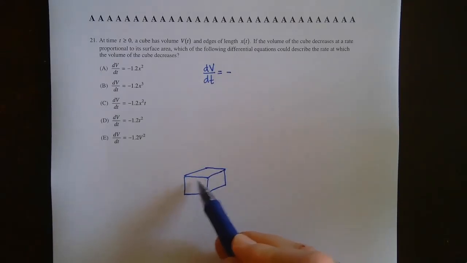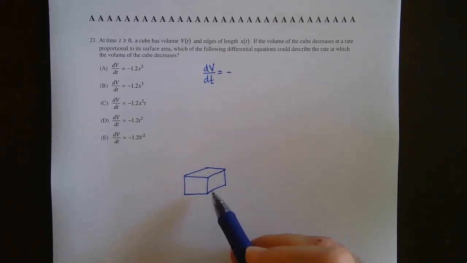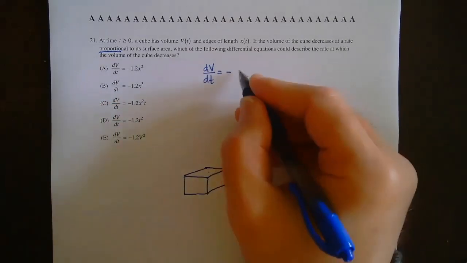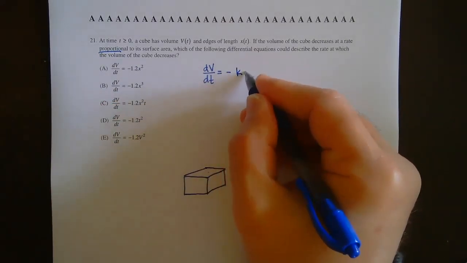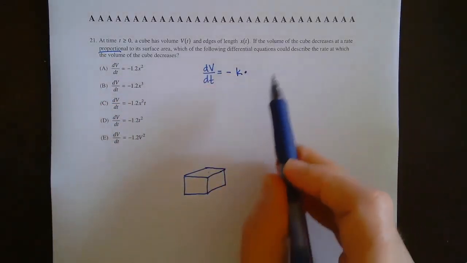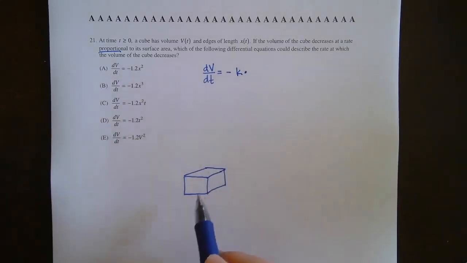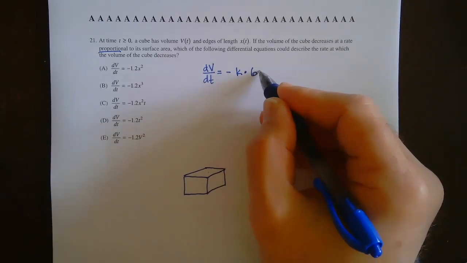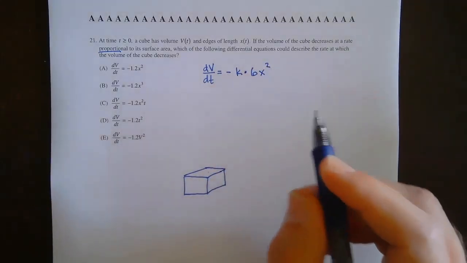If it's a cube, these faces are all squares, right? And there are 6 of these. So this is minus, and the proportional part means it's some constant k times its surface area, and its surface area would be 6 times x squared.